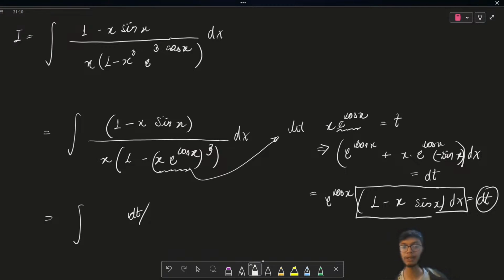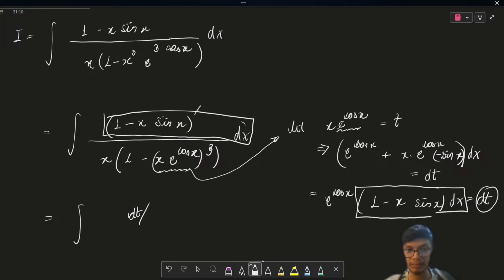We have a term e to the power cos x that is basically going out, right? So e to the power cos x can be given as t upon x, right? So what I can write over here is that I can write this (1 minus x sine x) dx as nothing but it is basically equal to dt upon e to the power cos x.